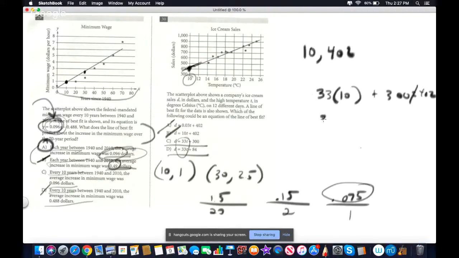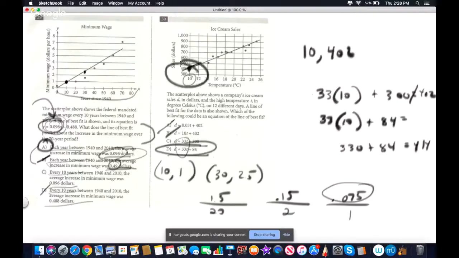This next one, 33 times 10 plus 84. 330 plus 84, pretty darn close. That's equal to 414? Pretty darn close. So we'll go with that. That sounds reasonable. The most important thing to notice is that this point is not 0, 0, and that's a classic move, messing with you.